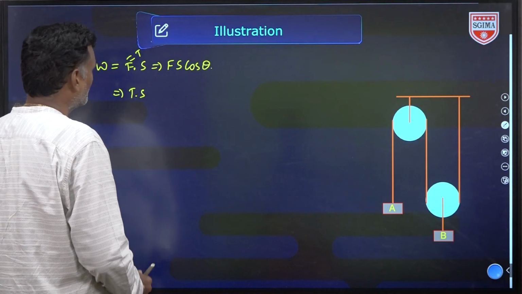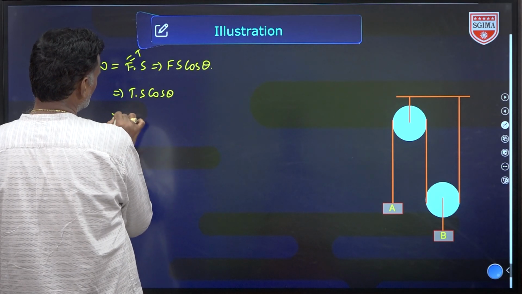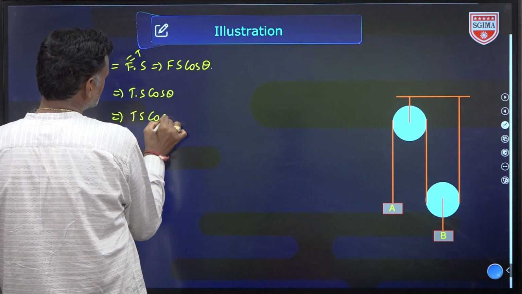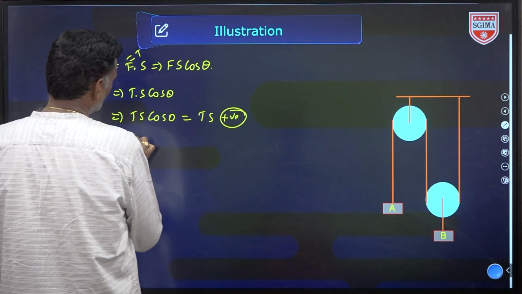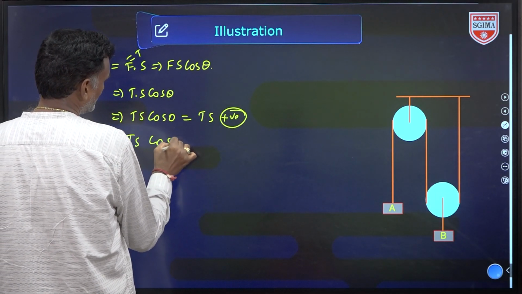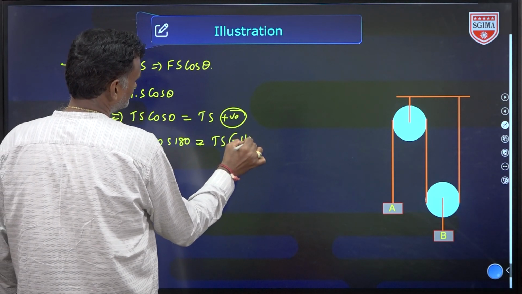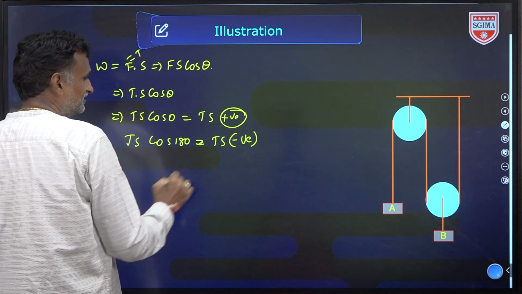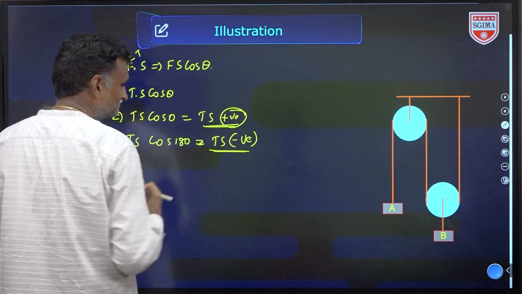So Ts cos 0 gives Ts, which is positive work, and Ts cos 180 gives minus Ts, which is negative work.